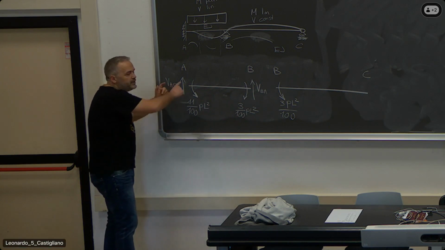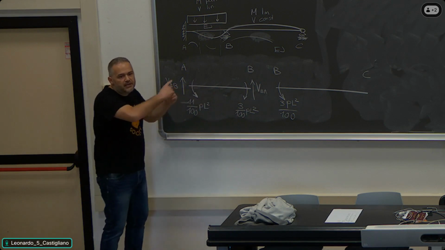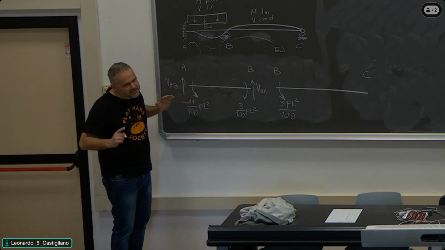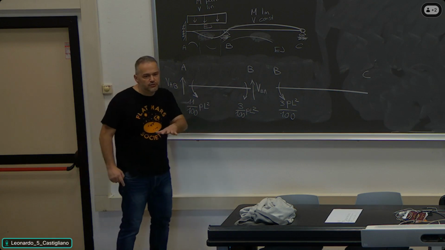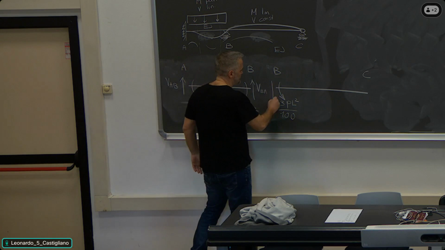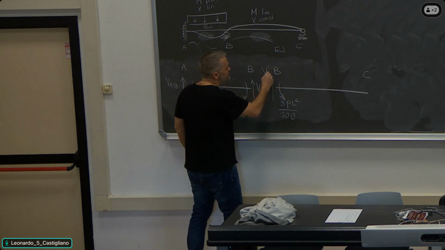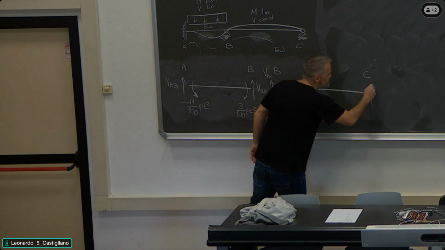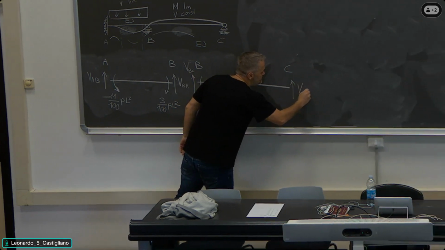Call it F1, F2, call it A, B, call it whatever. It's a convention, this is mine, you can use it, I give it to you, but don't mess it up. So this would be called VBC, and this would be called VCB.